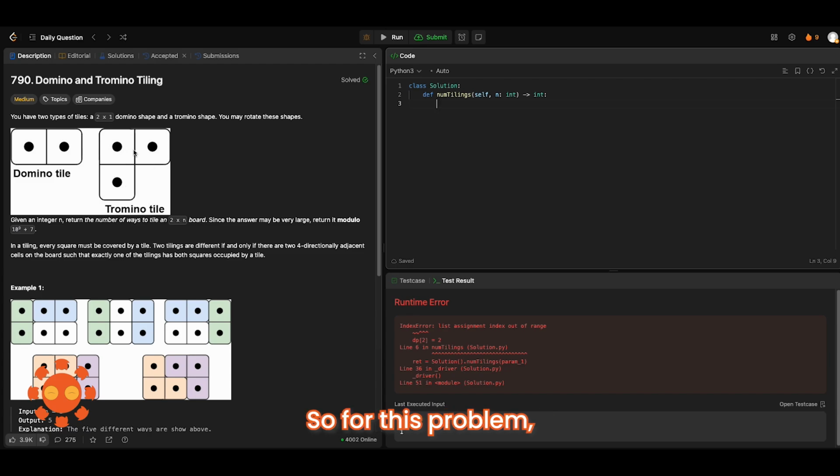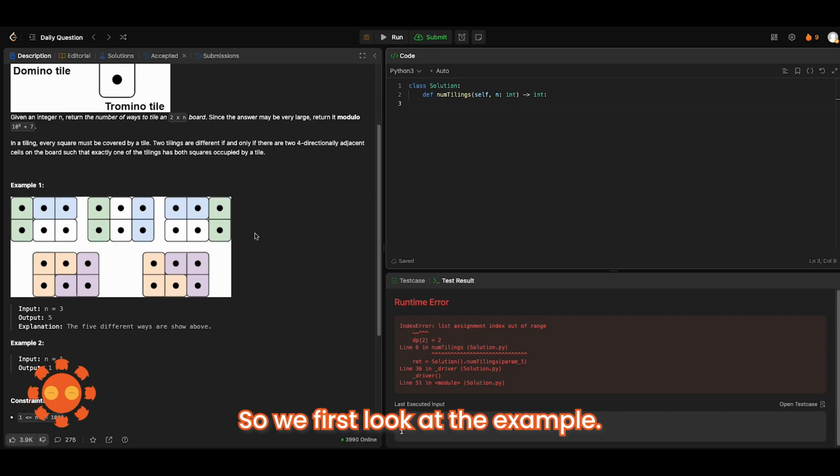So for this problem, the goal is to return the number of ways to tile a 2 times n board. Since the answer might be large, we have to take it modulo 10 to the power of 9 plus 7.